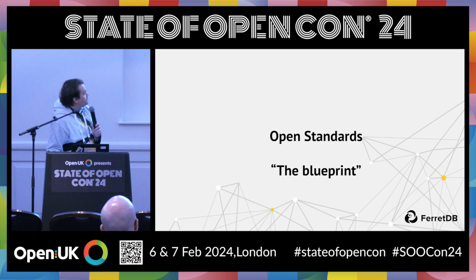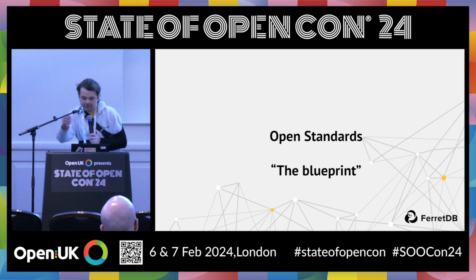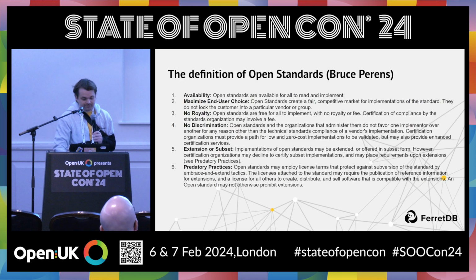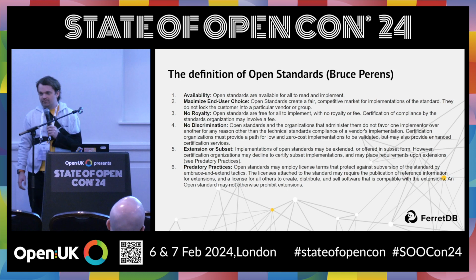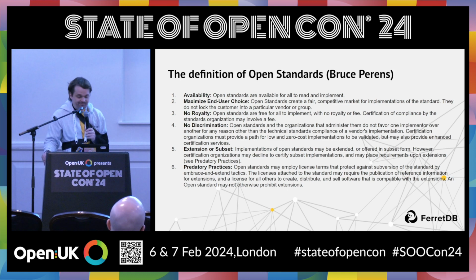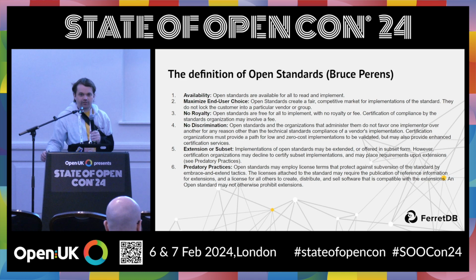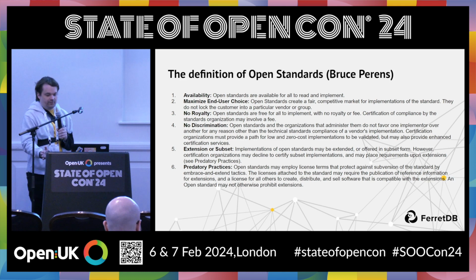Okay, so now that we have discussed open source, let's look at the blueprint, the open standards. The definition of open standards also comes from Bruce Perens. So he's very much all over open standards and open source, because it's actually not that different from the open source definition, in the sense that we are not talking about freedom to distribute, but about availability here.